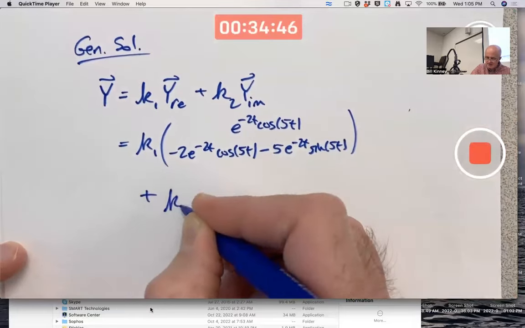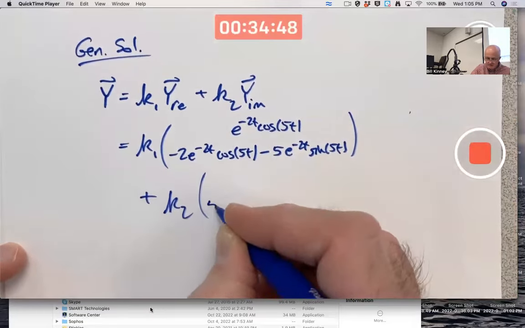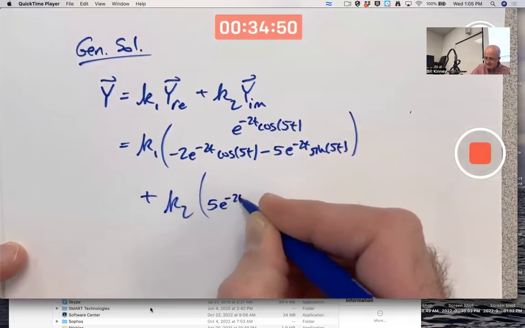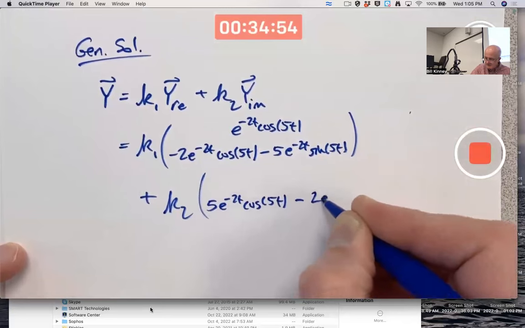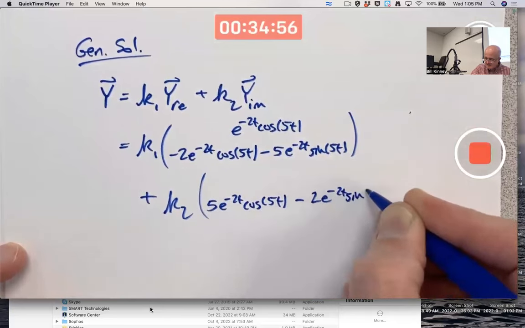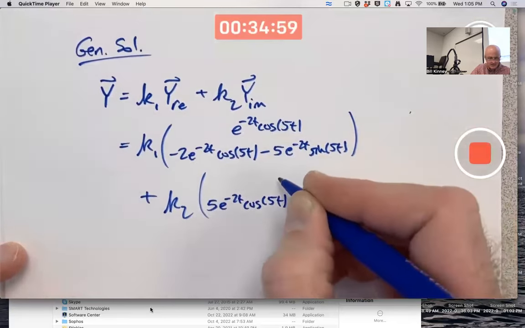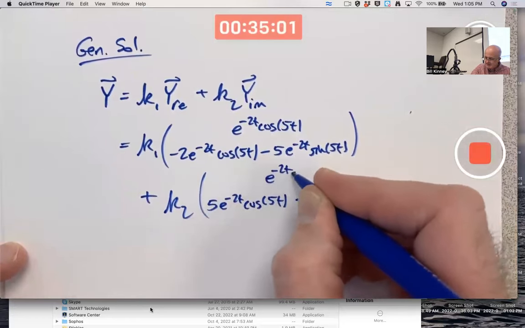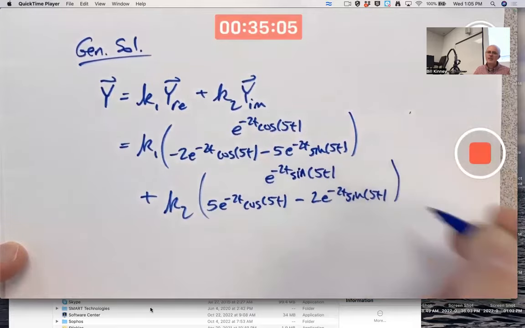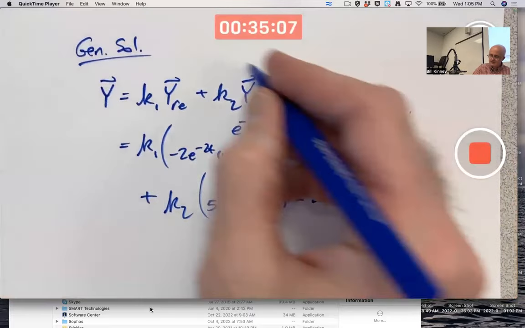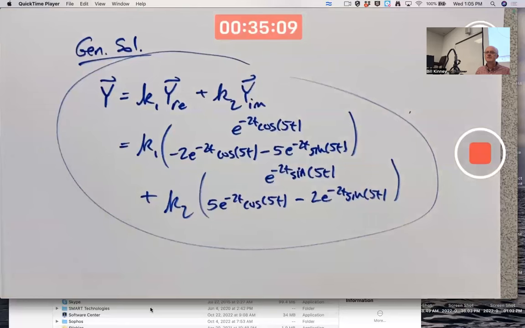Plus k2 times the other one, which had a second component of positive 5 e to the negative 2t cos 5t minus 2 e to the negative 2t sin 5t, and first component of e to the negative 2t sin 5t. There's your general solution. And then you can use it to solve an initial value problem.